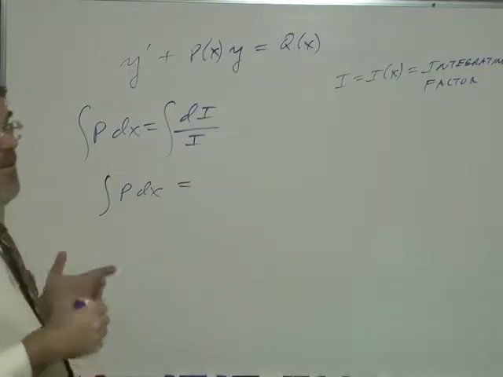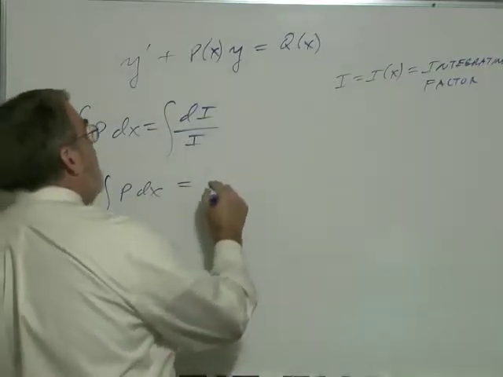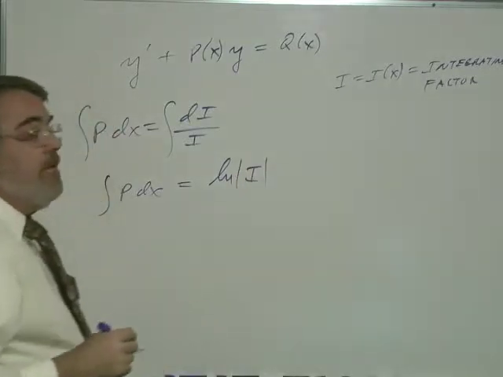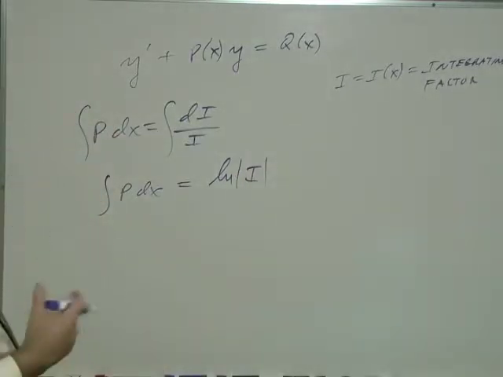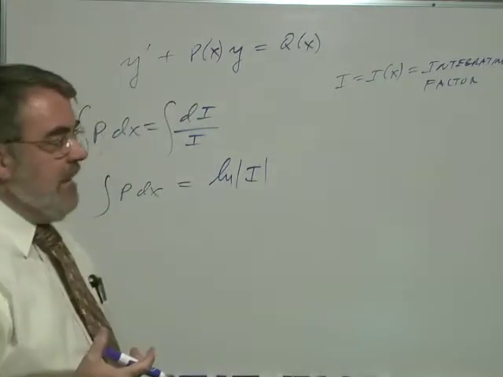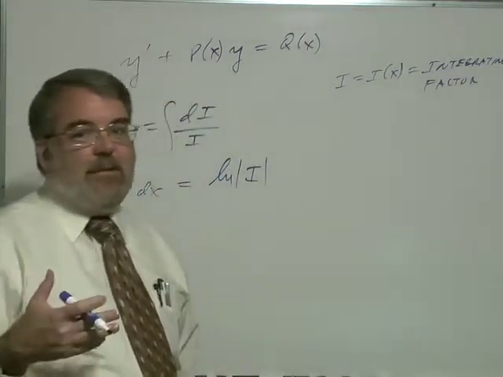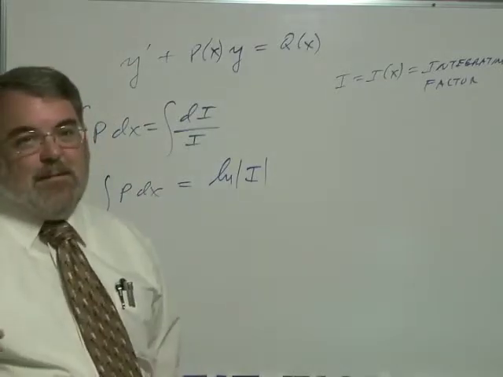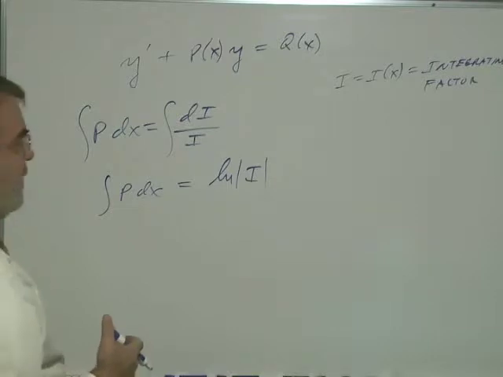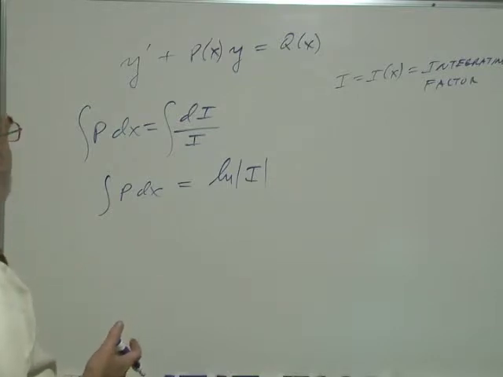But the right side is a logarithm, isn't it? It's the natural log of our integrating factor. And for various reasons, let's leave the constant out. I haven't really looked into that, but I have a feeling it just adds nothing to the problem to do the additive constant. So it turns out we can safely ignore it.